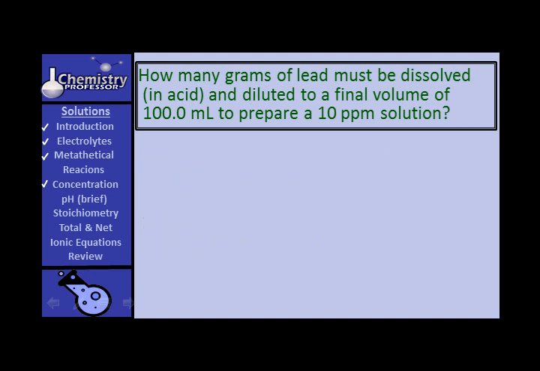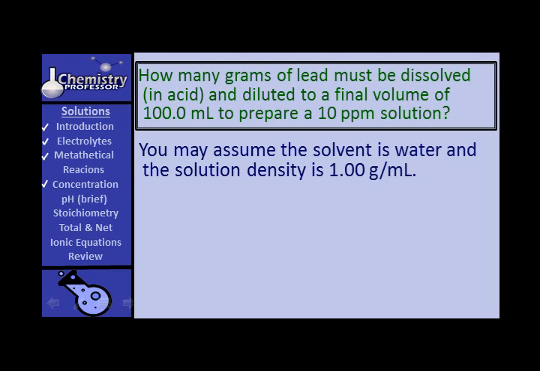How many grams of lead must be dissolved, and we'd have to dissolve it in acid, but we're not going to worry about that right now, and diluted to a final volume of 100 milliliters to prepare a 10 parts per million solution? We want to make a solution that's 100 milliliters, and that solution is going to contain 10 parts per million lead. You may assume the solvent is water.